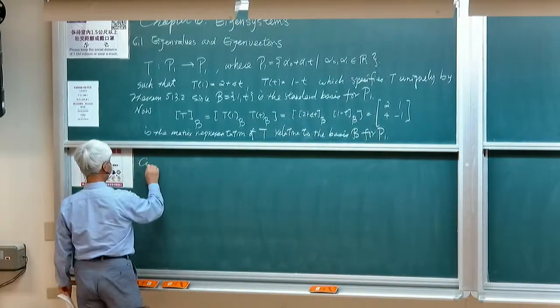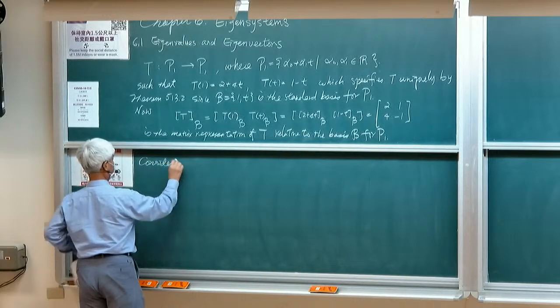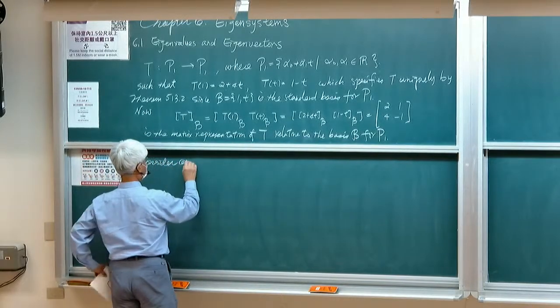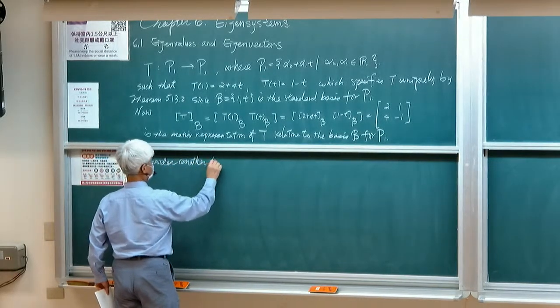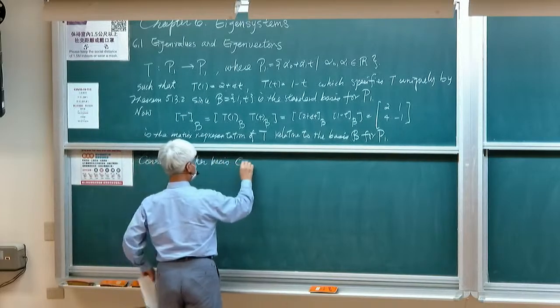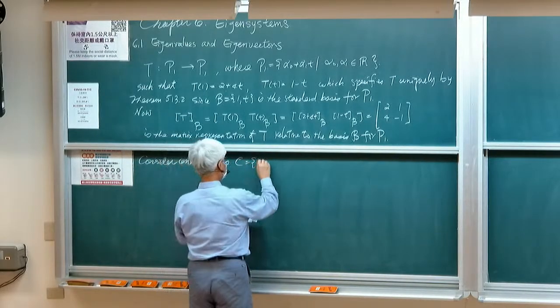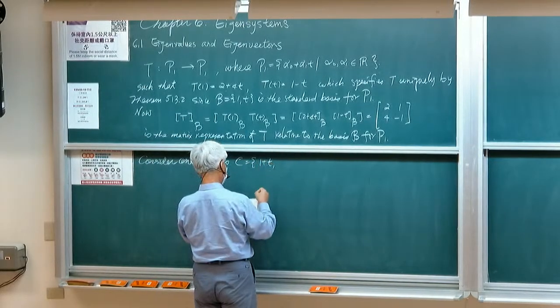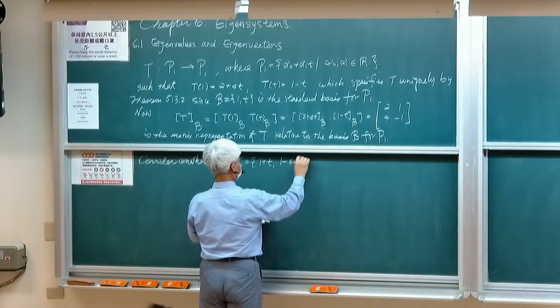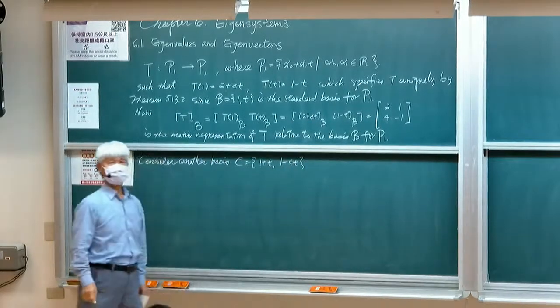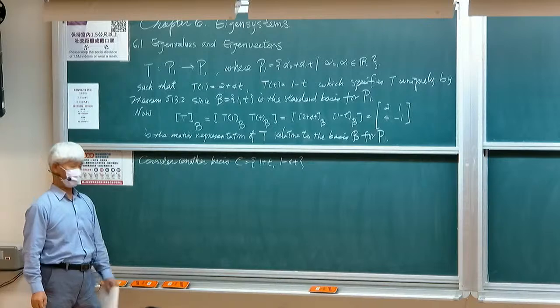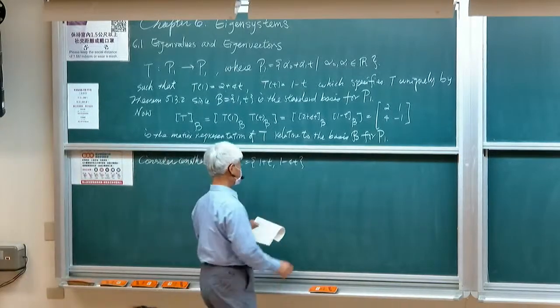Now we consider another basis. We call it C, and it consists of 2 polynomials in P1. Okay?